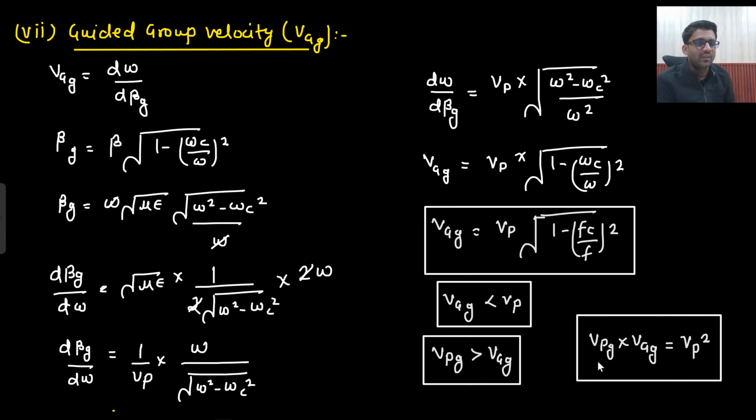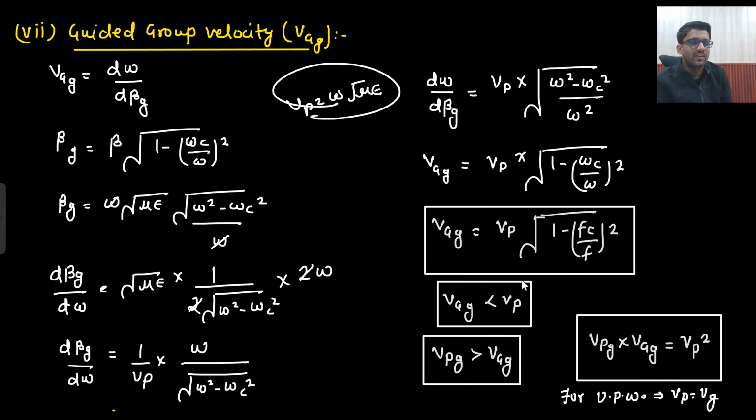And for a uniform plane wave, what is the scene? That your Vp is equal to Vg, right? For a uniform plane wave, both are equal. We proved it, right? Vp equals omega by beta, then Vp was 1 by under root mu epsilon. We have proved it, right?